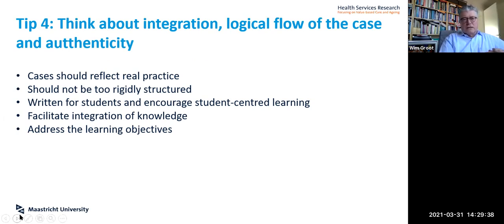The case should reflect some issue, some problem that has a basis in real practice, in order for students to identify with it, to realize that it is a realistic case, that they work on real world problems, not just remote problems. So cases should reflect real practice and address real issues.